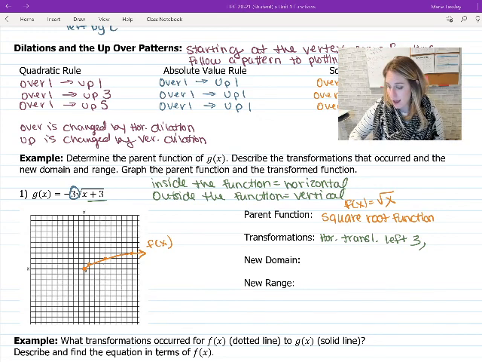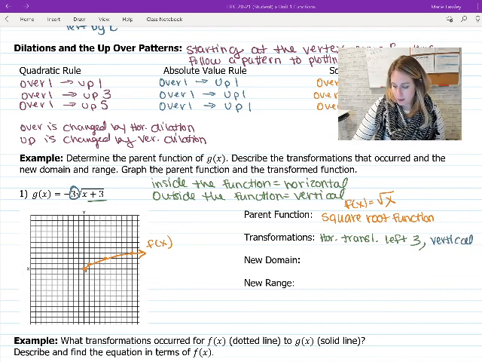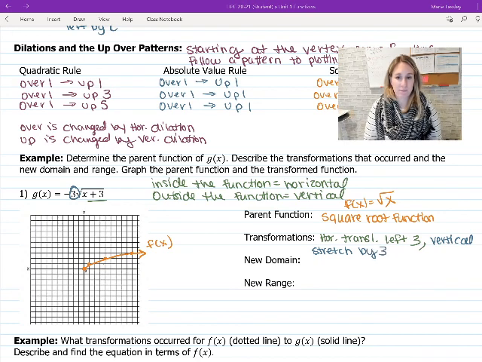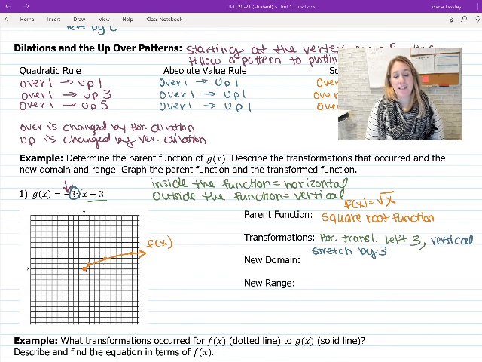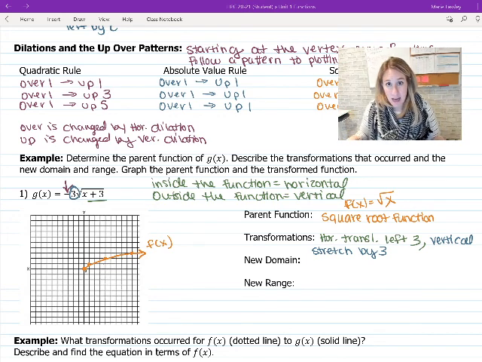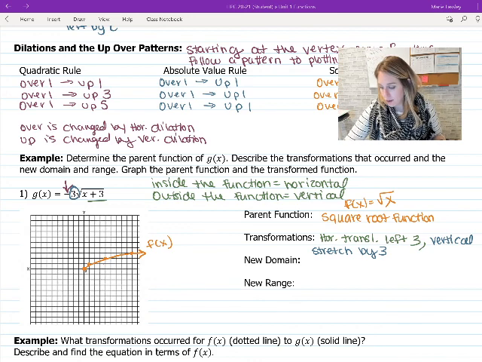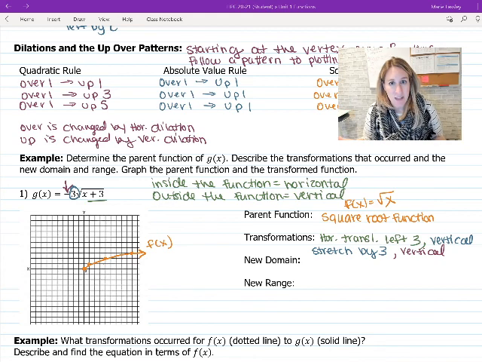So I have a vertical stretch by 3. Last but not least, I also see that there is a negative out front. This negative is happening on the outside, so I know it's some type of vertical something, and it's a negative sign, so that's going to be a reflection. So it's a vertical reflection.